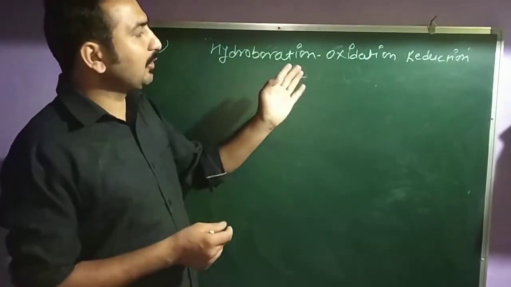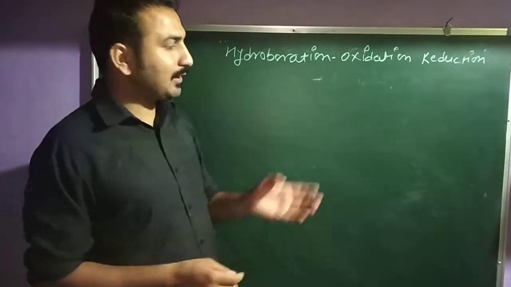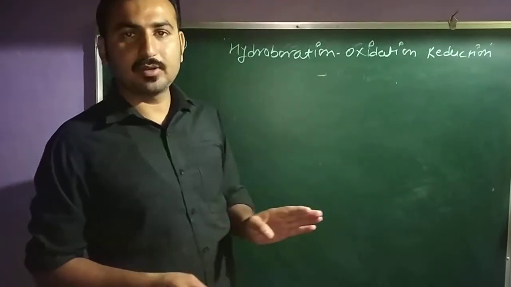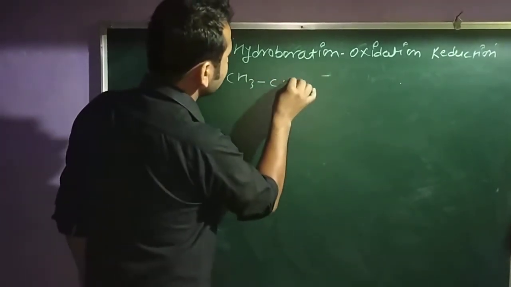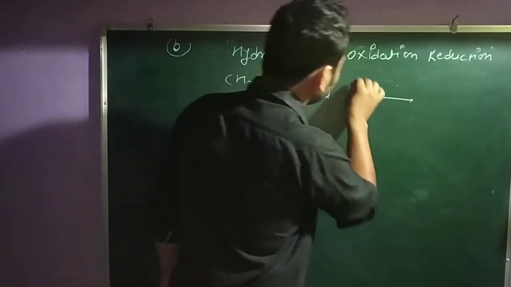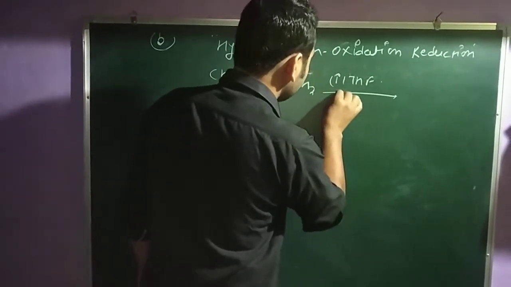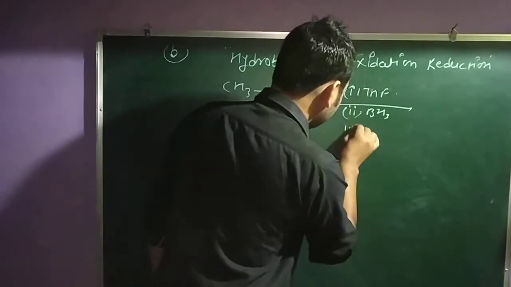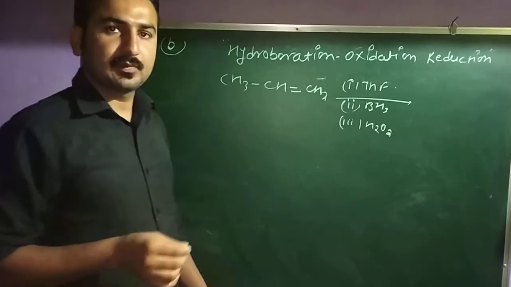We will not go for the longer process of this hydroboration oxidation. That means we are skipping the first step, the addition product of borane. So we can write our reaction in this manner: CH3CH double bond CH2, and here we write first THF, second we are using the borane BH3, and third we use H2O2.